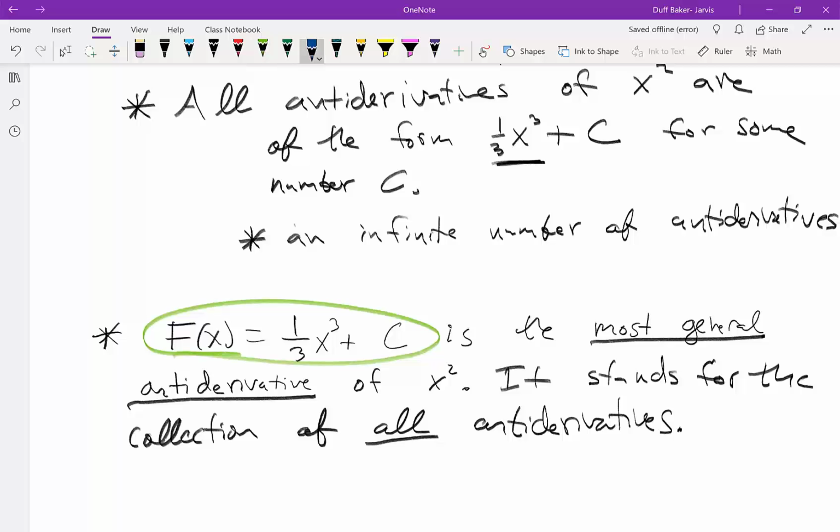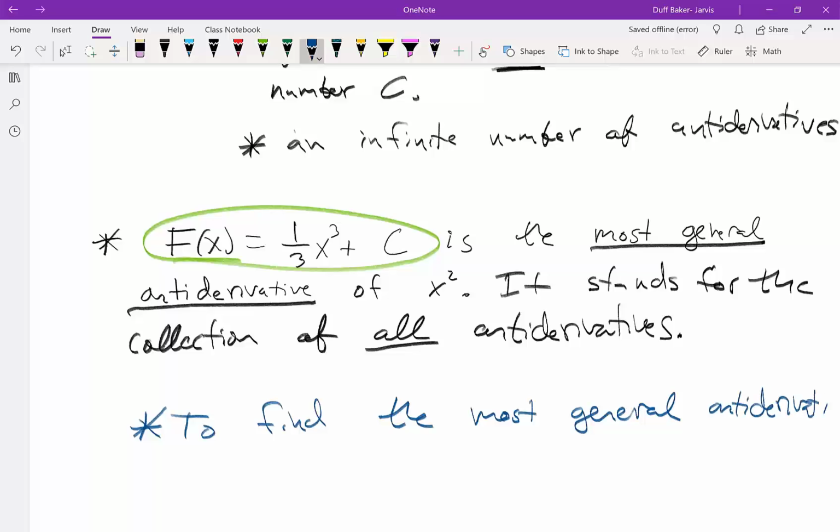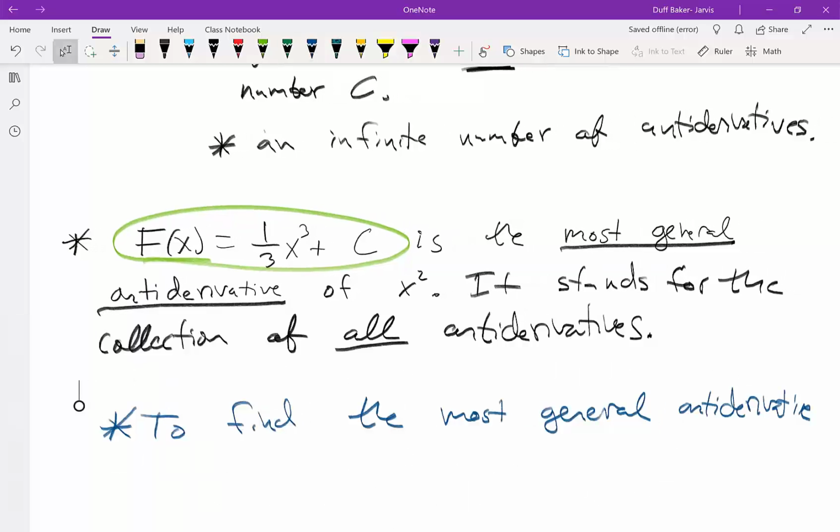Okay, so the idea is to find the most general antiderivative, what you do is you find one antiderivative. So you always have to first find at least one.